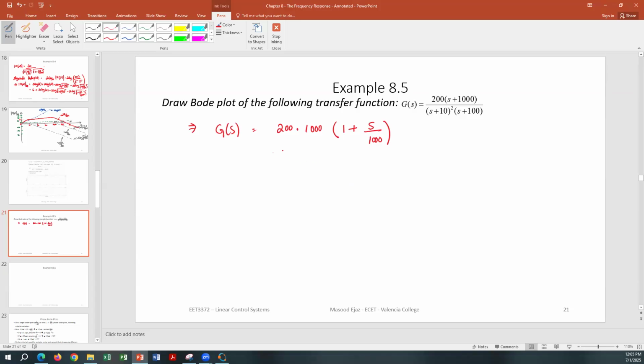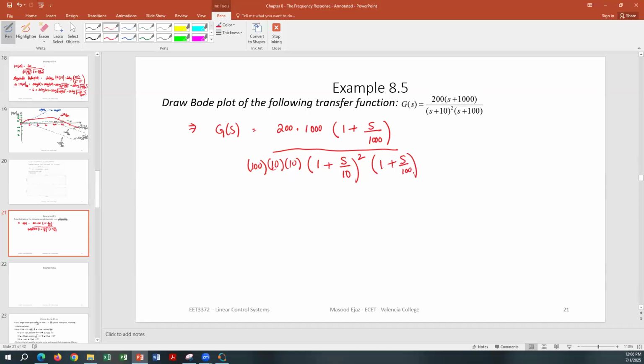And do the same thing in the denominator. So we have s plus 10 and s plus 10. I'm going to take the 10 out from each one of them, so 10 times 10, 1 plus s over 10 squared. And then I'm going to take 100 out from here, 1 plus s over 100.